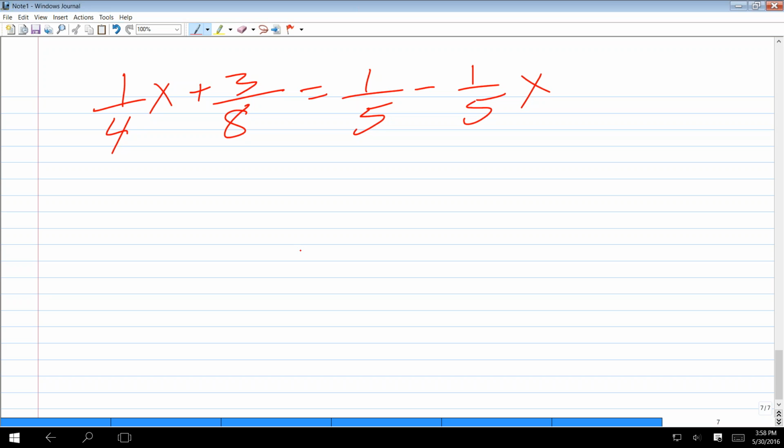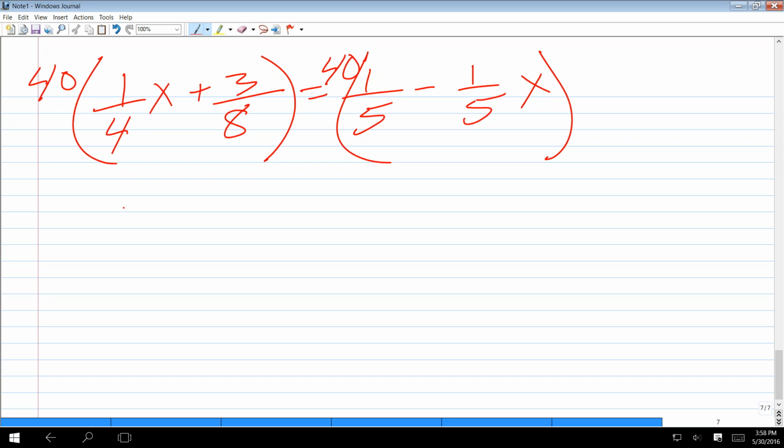So, what am I going to do? First of all, we're going to multiply both sides by 40. In other words, once you have found that denominator, you still have to apply it by multiplying both sides by it. Now what do you get when you do this multiplication?